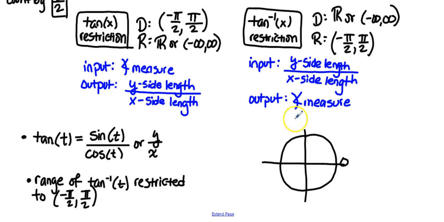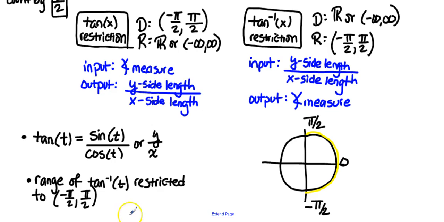To get to pi over 2, it's positive, so I go counterclockwise and stop at pi over 2. Now to get to negative pi over 2, I'm back here at 0, and now I am heading in the negative direction, clockwise, and I'm going to stop when I hit negative pi over 2.